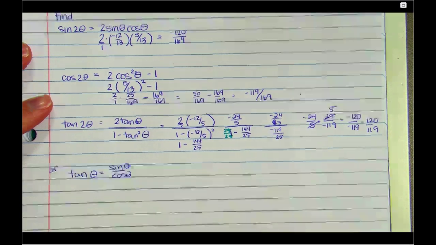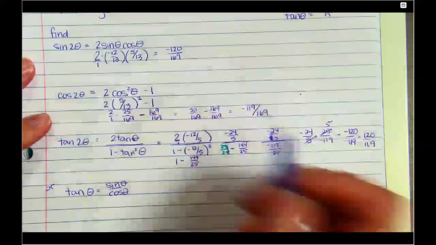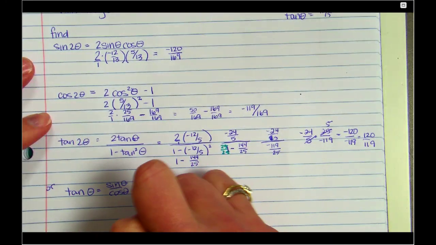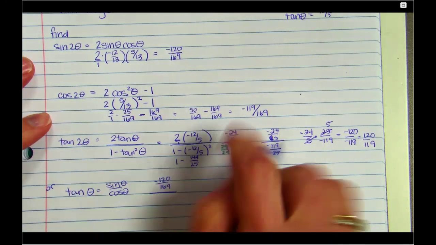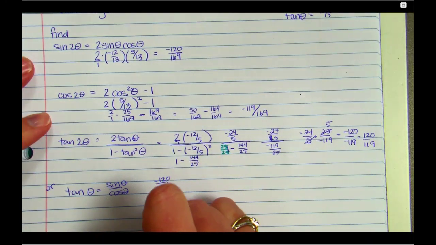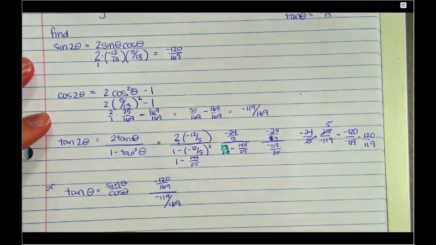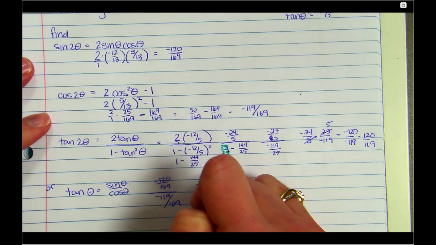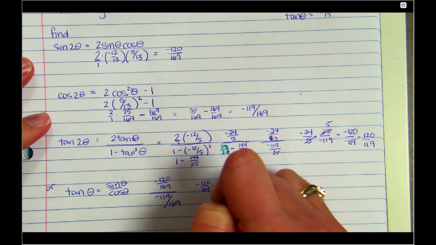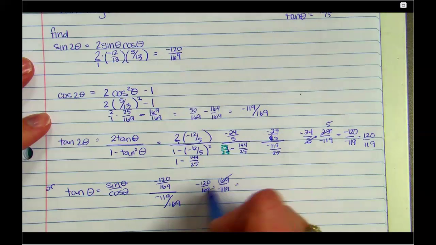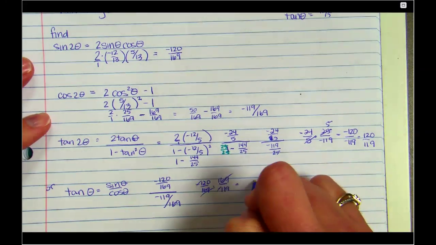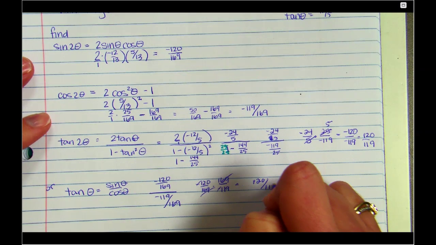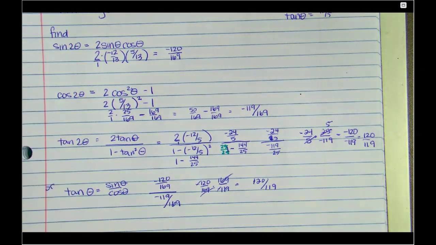You guys follow me? So you could do the sine, negative 120 over 169, divided by the cosine, negative 119 over 169. Then keep, switch, flip, and the negatives cancel, and you have 120 over 119, which is significantly faster.